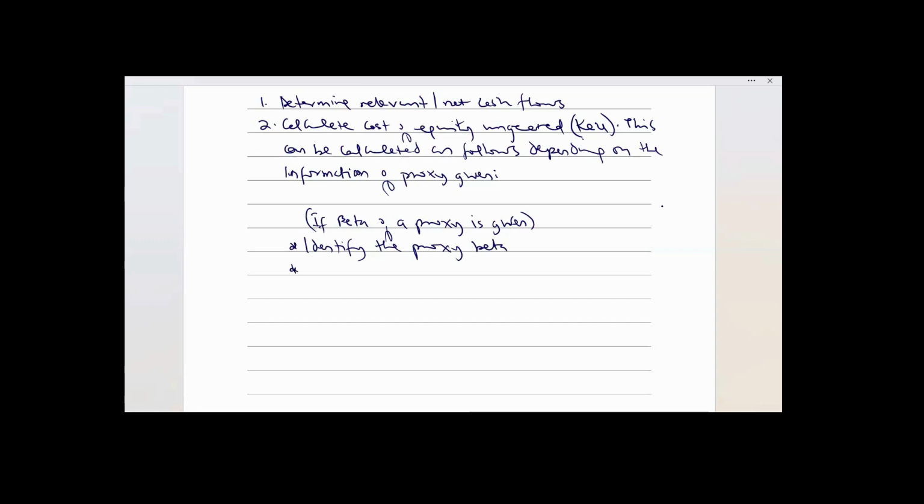Step 2, ungear the beta if geared. Step 3, calculate cost of equity using CAPM.